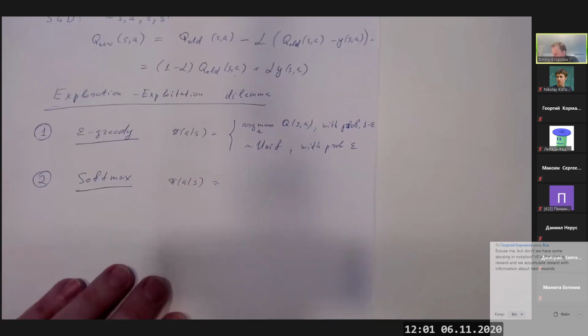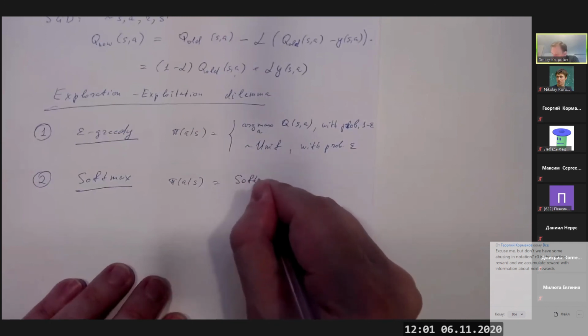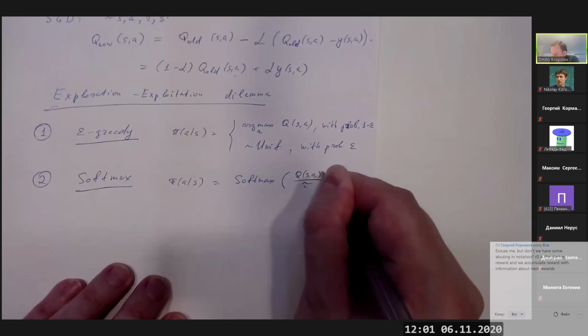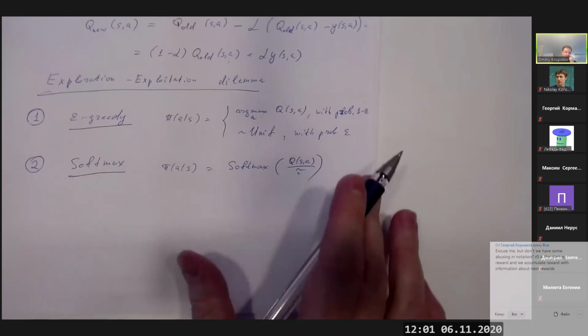And the second approach is what is called Softmax, which is quite similar to the previous one. You use a softmax function over Q divided by some temperature tau.